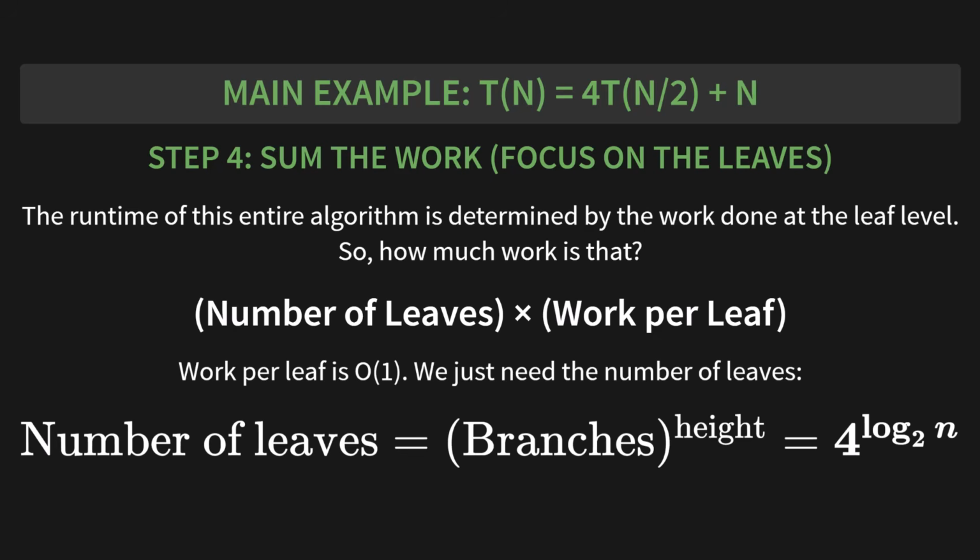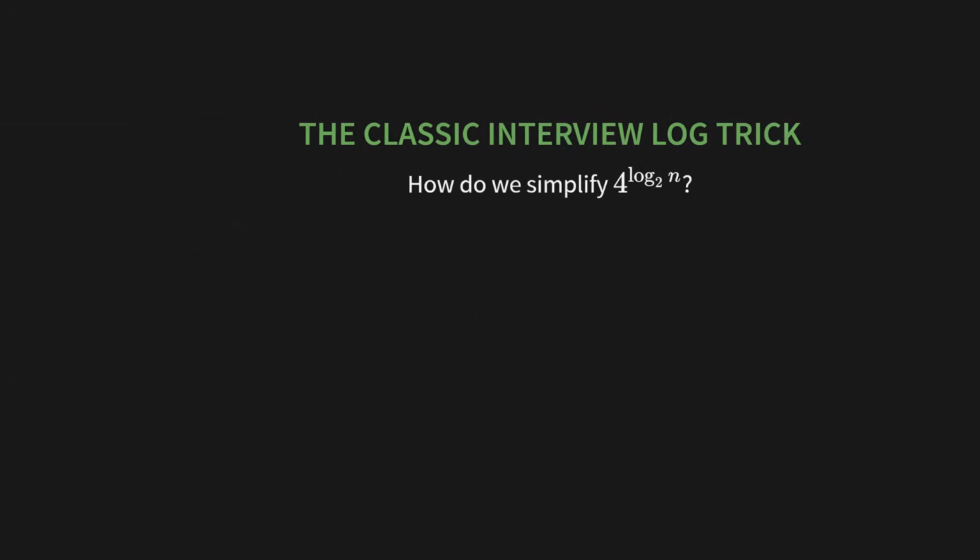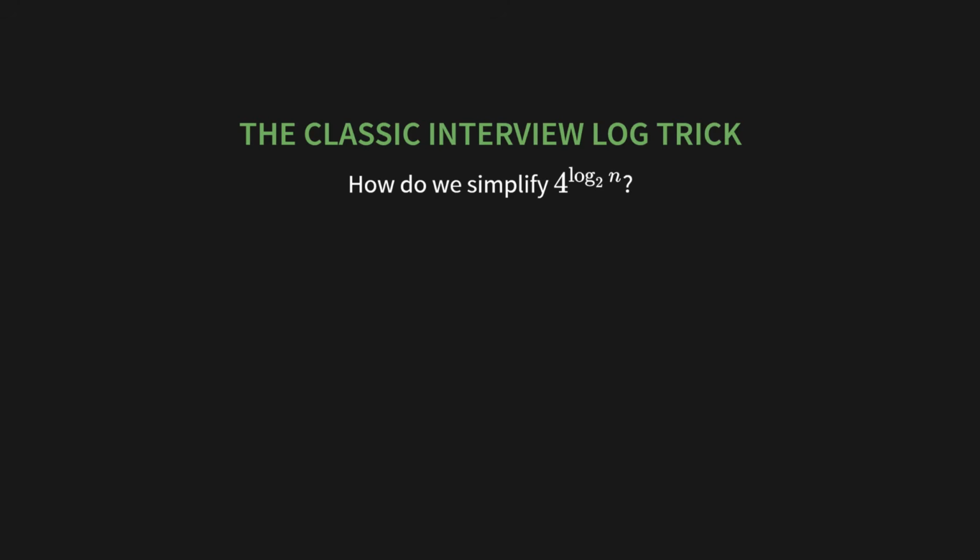Okay, how do we simplify 4 to the log base 2 of n? This is the classic interview log trick. Let's walk through it together. 1. Rewrite 4 as 2 squared. So now we have 2 squared, all raised to the power of log base 2 of n. 2.